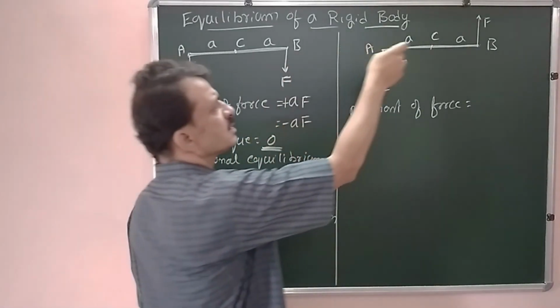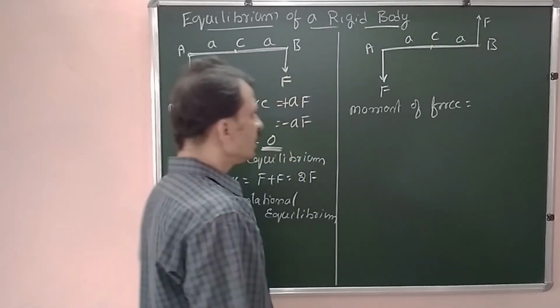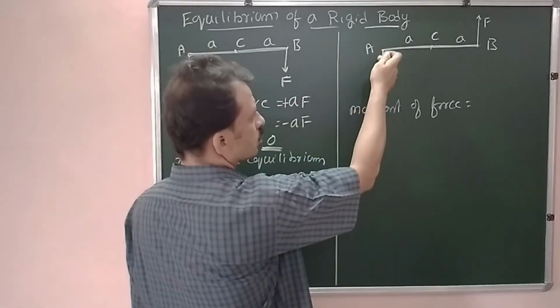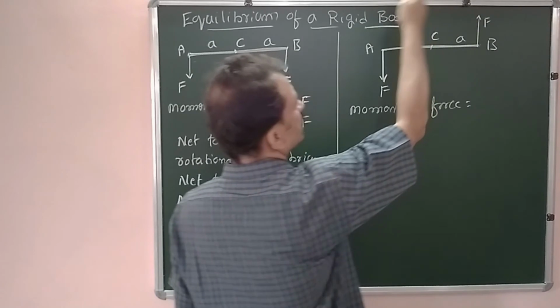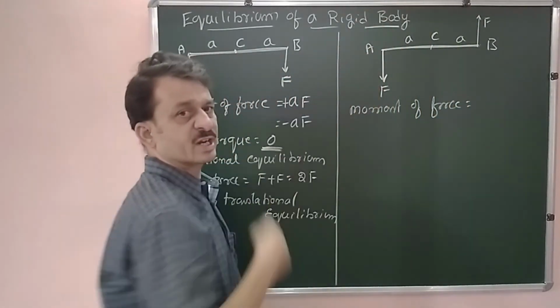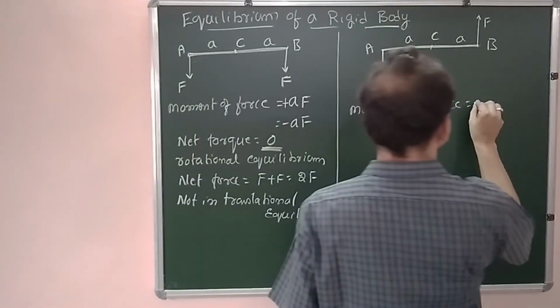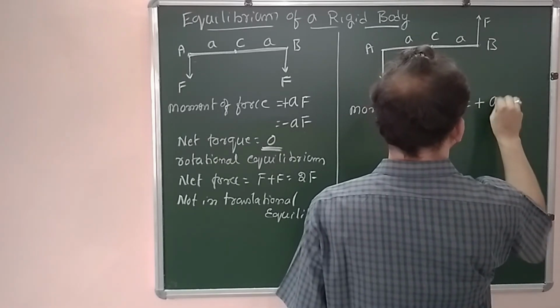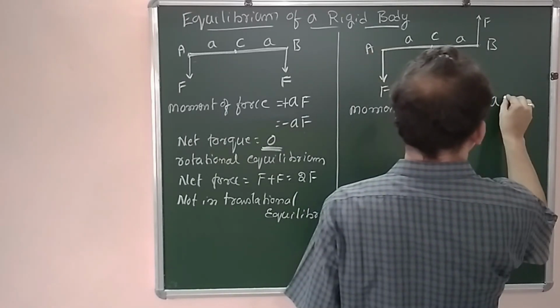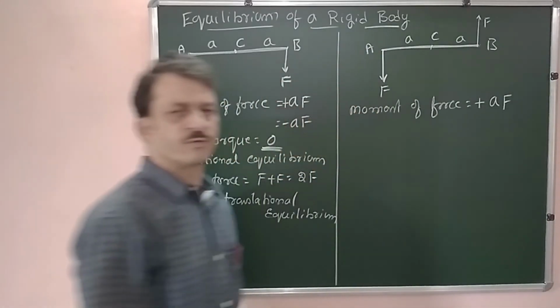Therefore, this force is going to rotate the rod in the anti-clockwise direction. Therefore, that moment of force is positive and is given by the distance A and the force F. That's clear.